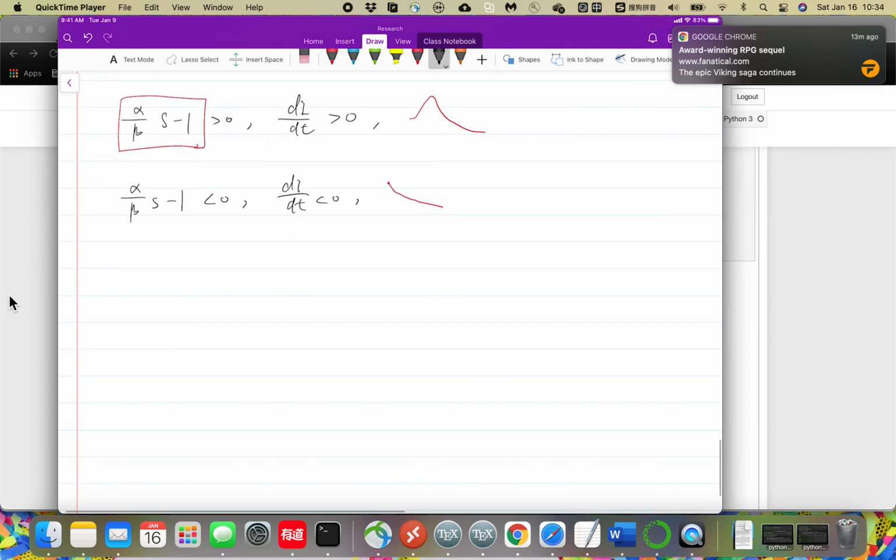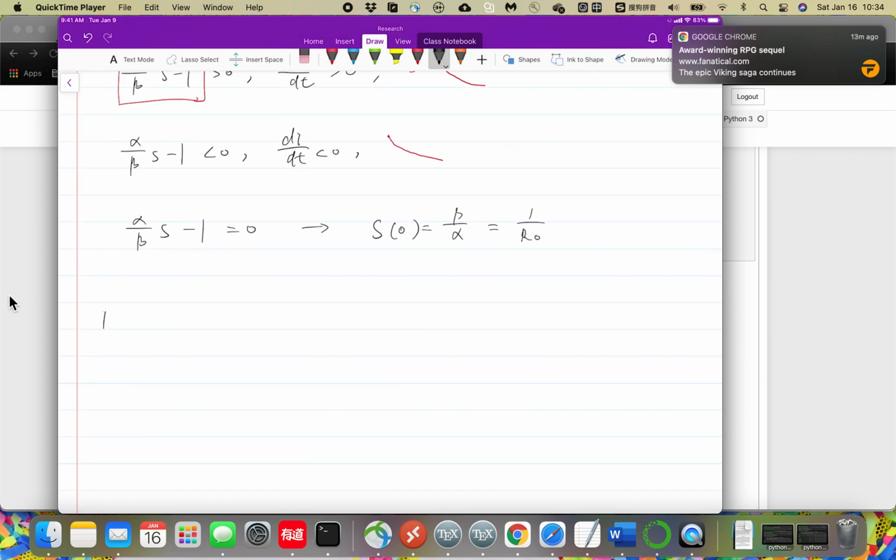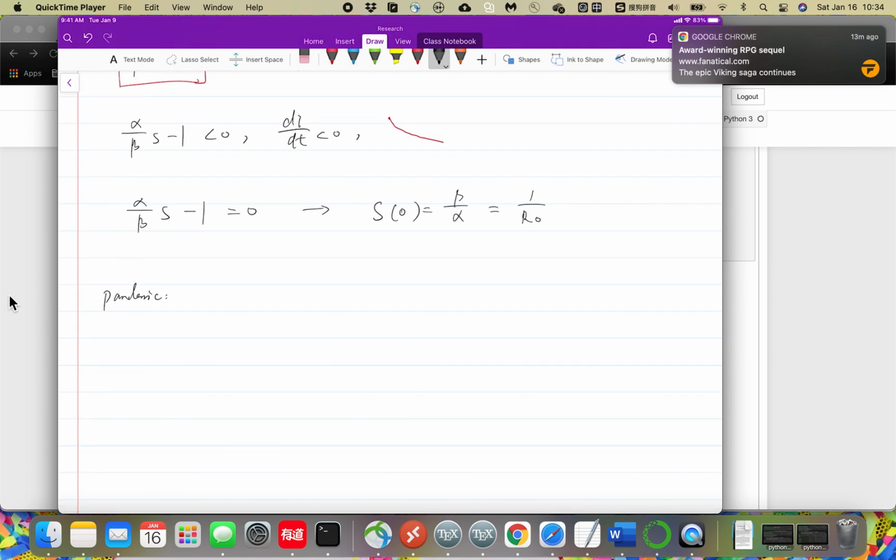If we write it down, we start to see a critical number: alpha over beta s minus 1 equals 0. This implies s at 0 equals beta over alpha, and again, like we said, we call this one R naught. Now we can say pandemic requires R naught bigger than 1 over S0.